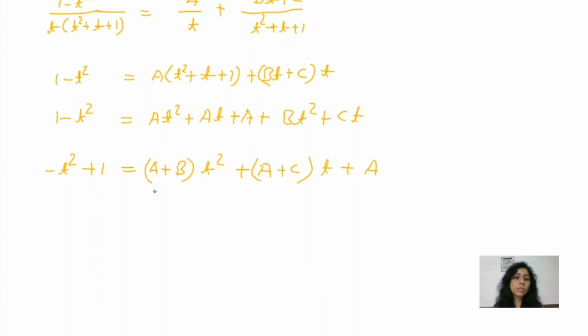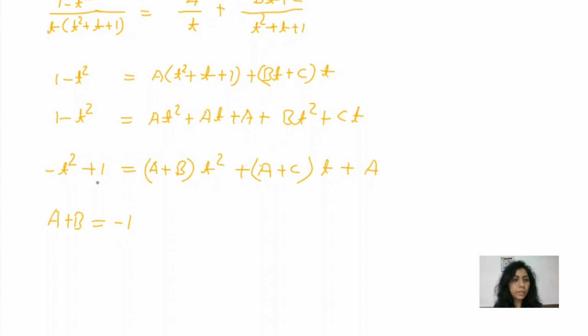Now we can easily find the a, b, c values by comparing. The t square terms give a plus b is equal to minus 1.